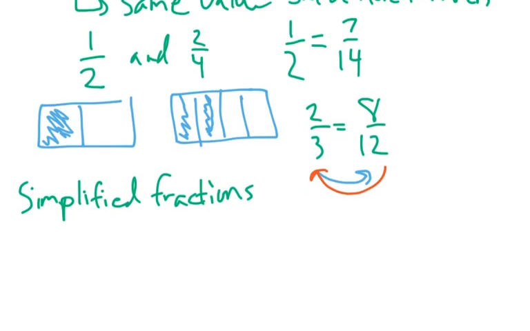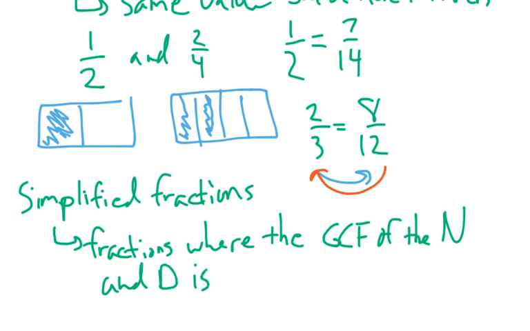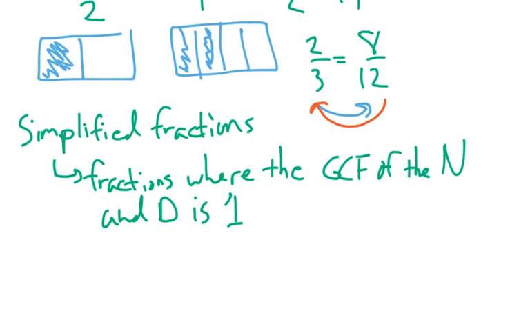And so a simplified fraction is a fraction where the GCF of the numerator, which I'll abbreviate with n, and denominator is 1. And so if the GCF of the numerator and denominator is 1, it means you cannot reduce it.